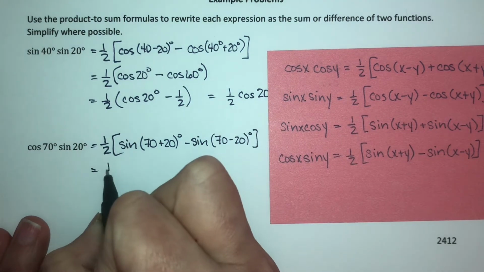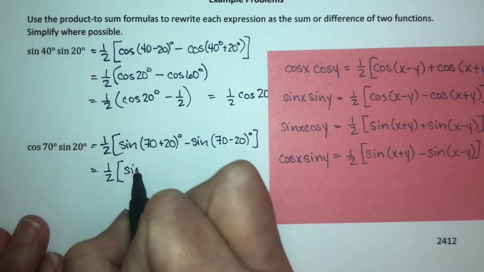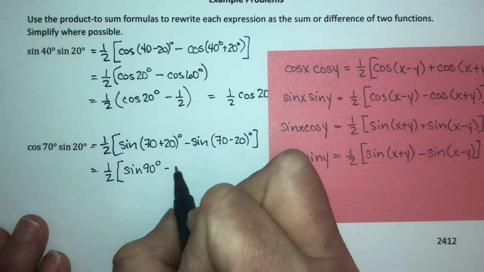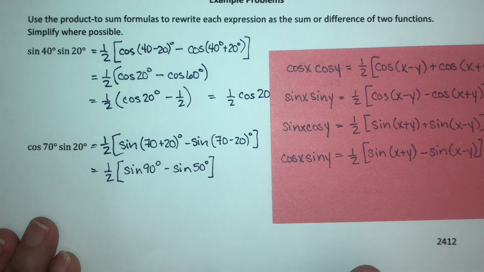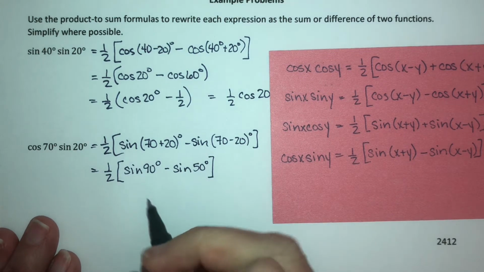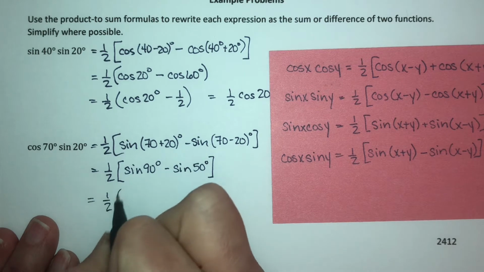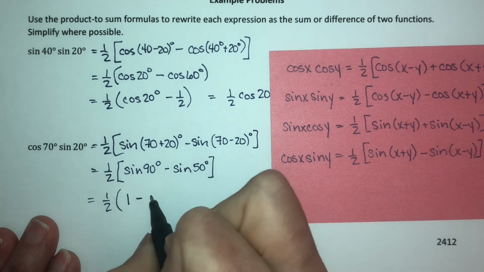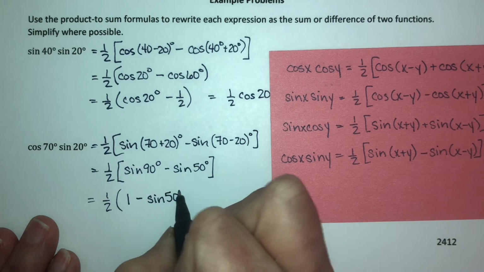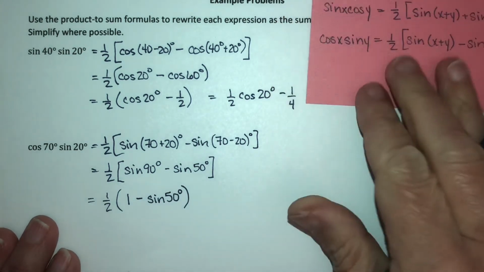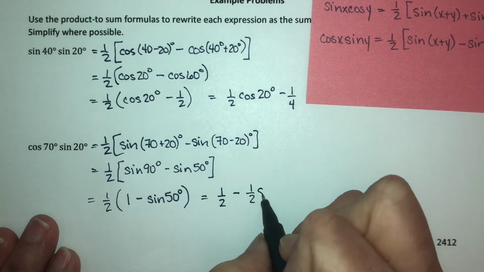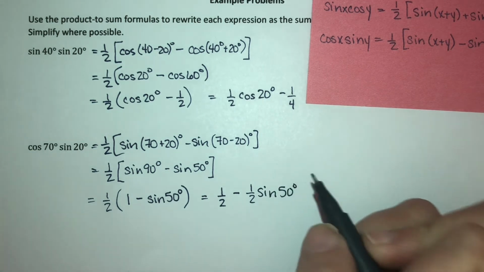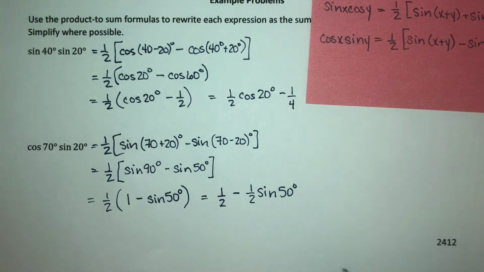So I have half of sine of 90 degrees minus sine of 50 degrees. Sine of 90 degrees is 1. Sine of 50 degrees is not one that we know. So the answer they will be looking for here is 1/2 minus 1/2 sine of 50 degrees.